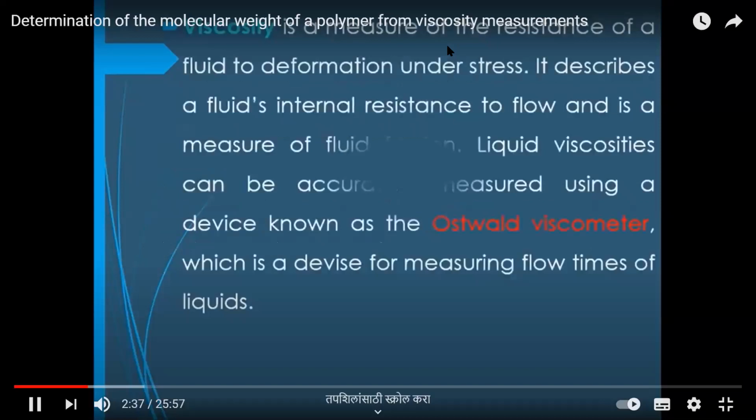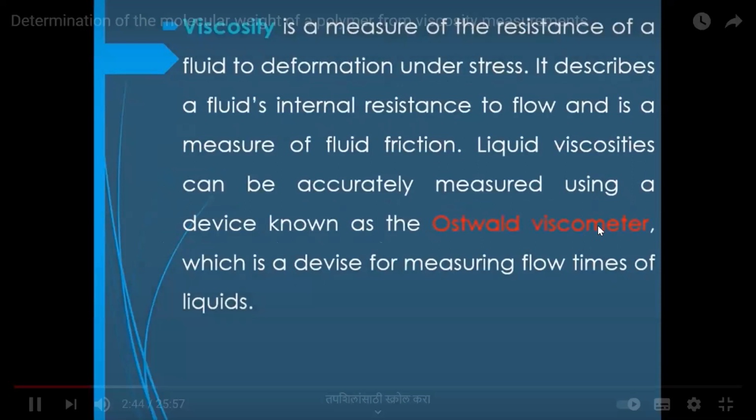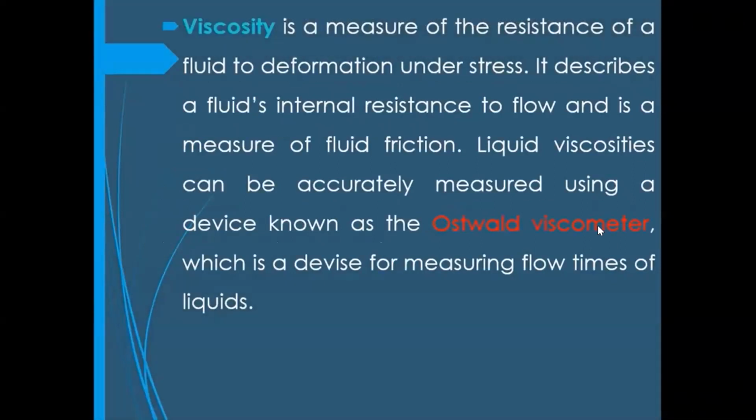Viscosity is a measure of the resistance of a fluid to deformation under stress. We have a fluid, and the resistance of the molecules of this fluid to deformation under stress. It describes a fluid's internal resistance to flow and is a measure of fluid friction.